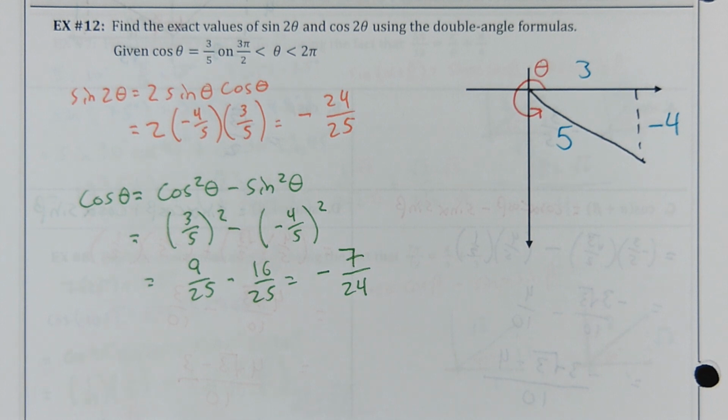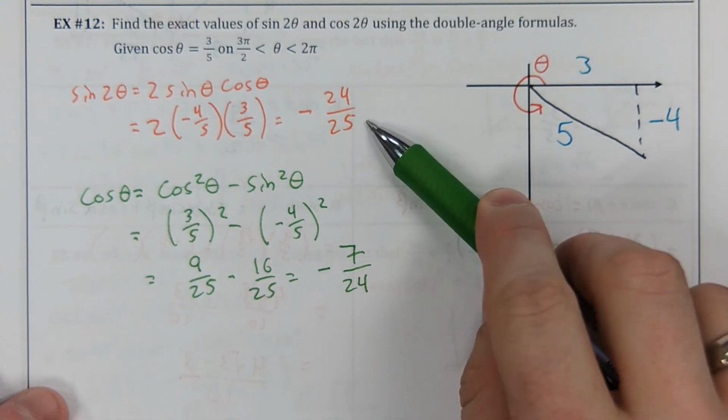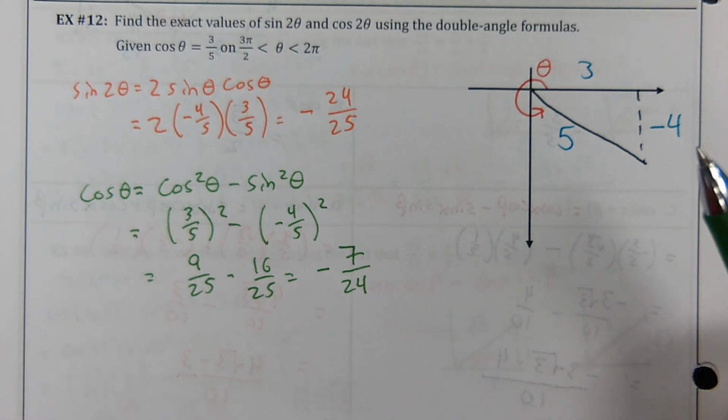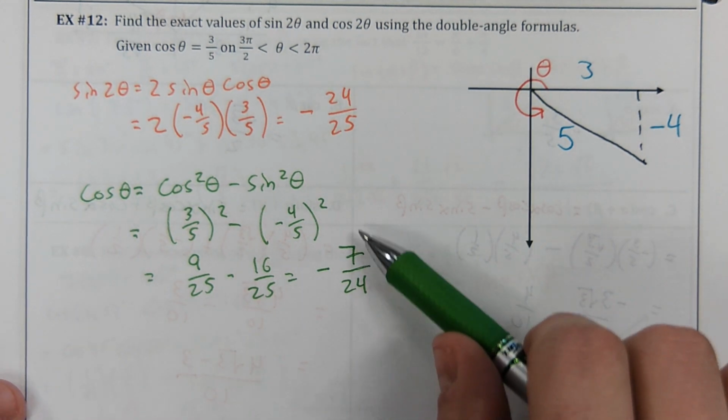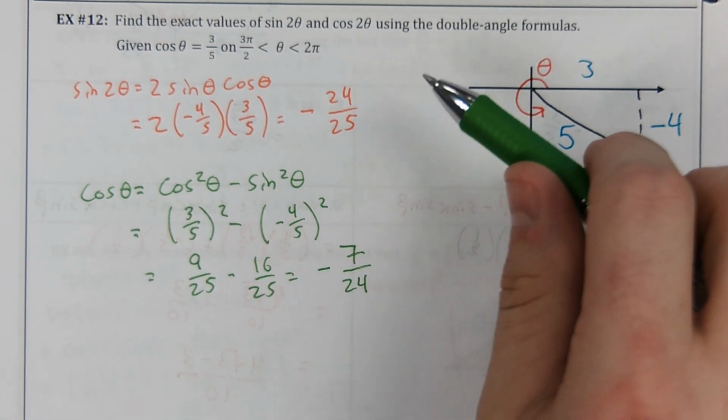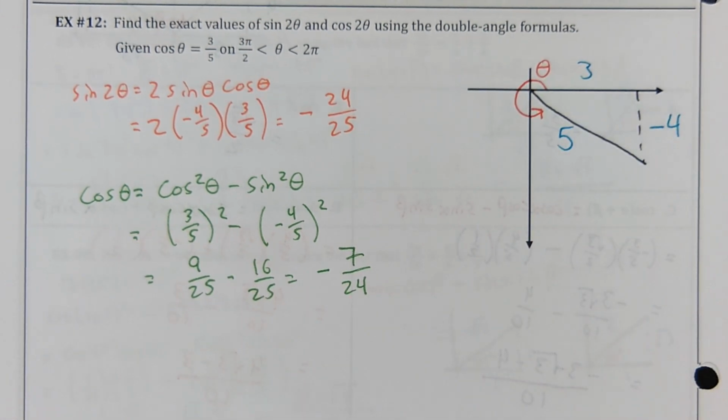Wait a minute. Sine is y over r. And cosine is x over r. That means this x, this y, and this r, 7, 24, 25, is also a Pythagorean triple. How neat. 7, 24, 25. Guess what else? You don't know what theta equals, do you?